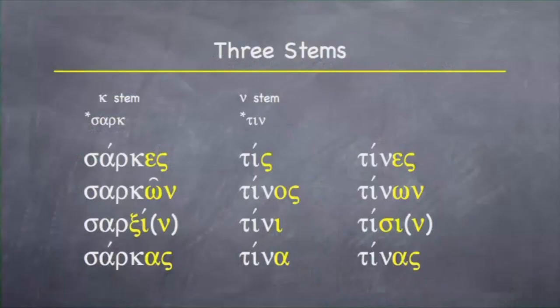Let me do one other category of word, and you'll see what I'm talking about. These are the nu stems. These are stems that end in nu. And so we'll take the stem tin, tau iota nu. Okay, add on your nominative singular ending, which is a sigma. What's it going to be? Well, it's going to be tis, isn't it? The nu drops out before sigma.